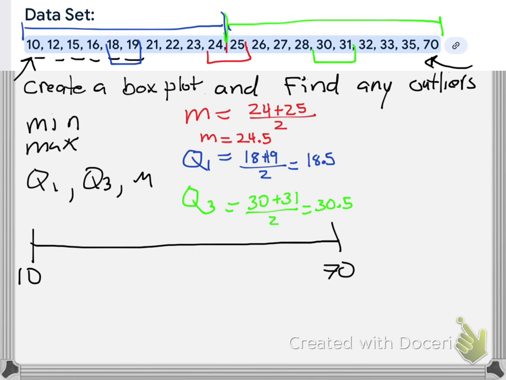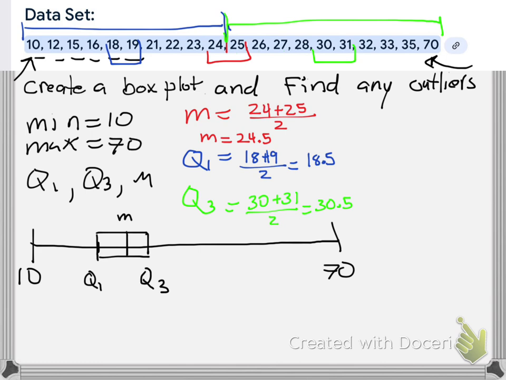So it should be around 30. This should be our Q3 if we're doing it freehand. And then our Q1 should be about 18, so it should be about right here. And then our median, which is our Q2, should be about right there. So these numbers are represented by our min and max. Obviously our min is equal to 10. Our max is equal to 70.